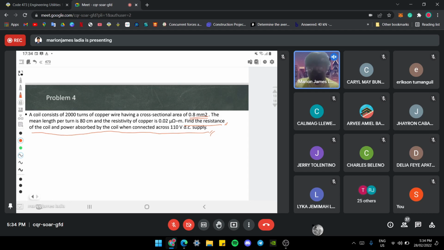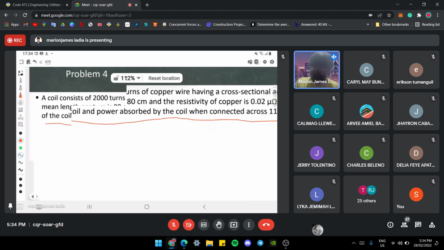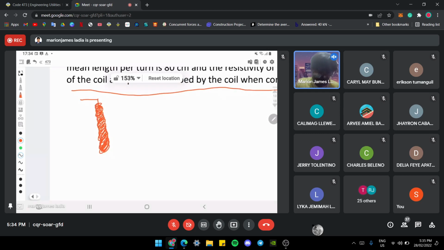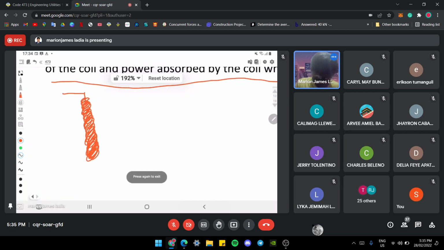Pag nakakita kayo ng radyo, o yung mga lumang radyo, pag nag-NC2 kayo ng high school kayo, parang ganun yung example nito. So yung coil daw is that 2,000 turns. So na-turn daw yung coil natin na ganito, which consists of 2,000 turns. So pag nag-shift sana kayo ng EE guys, makikita nyo itong turns na sinasabi ko kasi kayo mismo magta-turn nito pag gagawa kayo ng transformer.